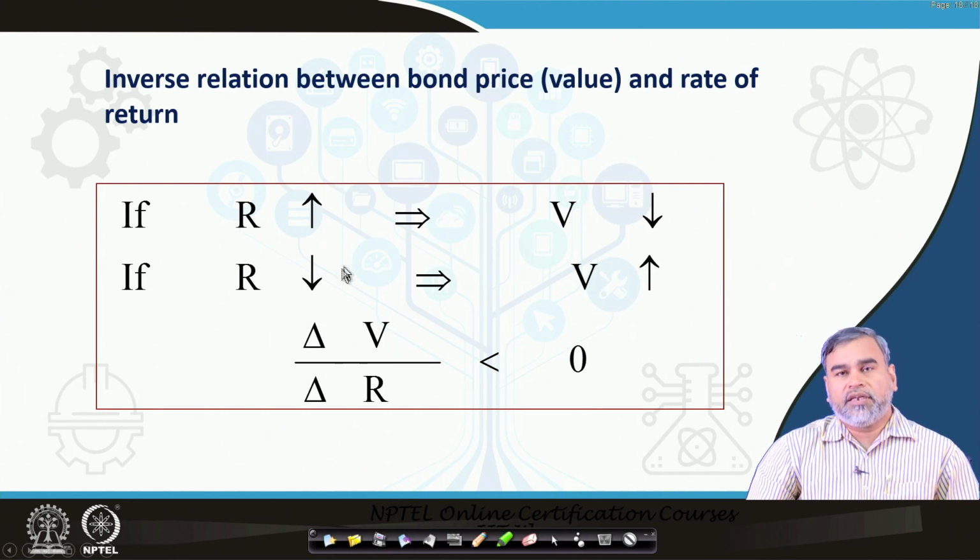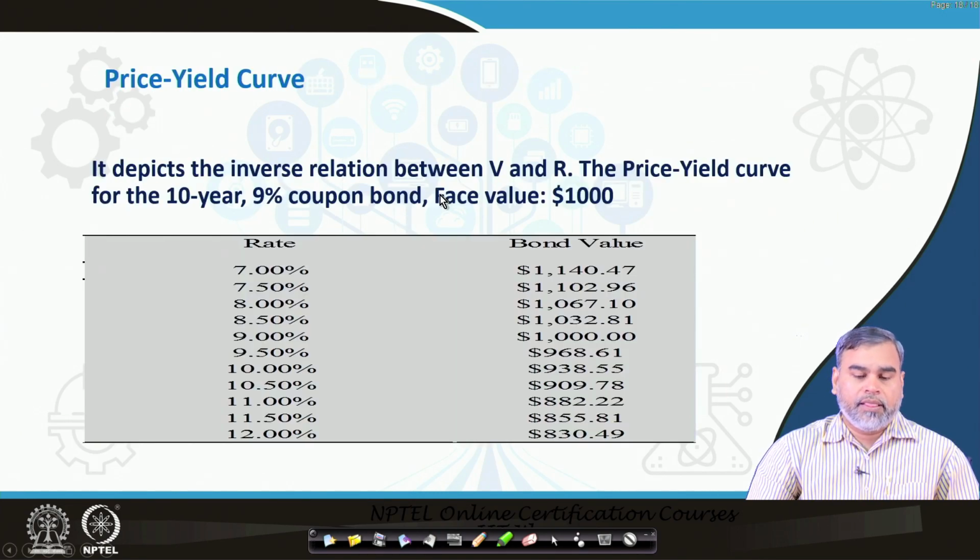So, this is what we can say: there is an inverse relationship between the price of the bond, or the value of the bond, and the rate of return, which is clearly visible from this particular formula. In the same example we have taken, at 10% it was 938.55.